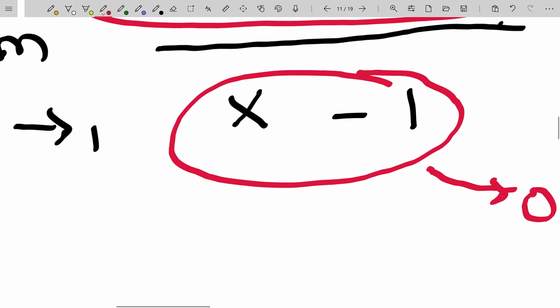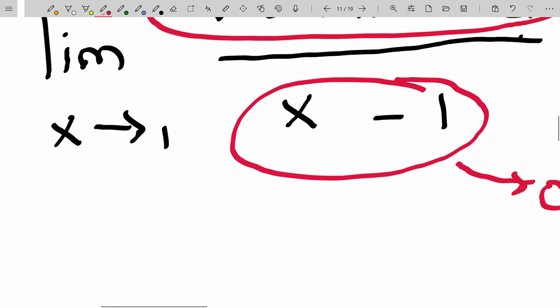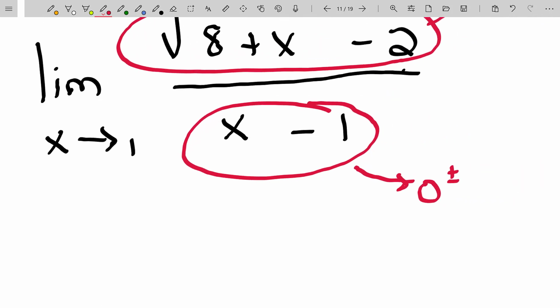But in this case right here, if x were greater than 1, which is not guaranteed, somebody didn't tell us that, but if x were to start as being greater than 1, then this denominator would be like 1.01 minus 1, which is close to 0, but it would be positive.